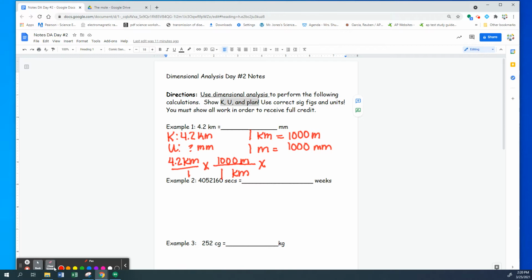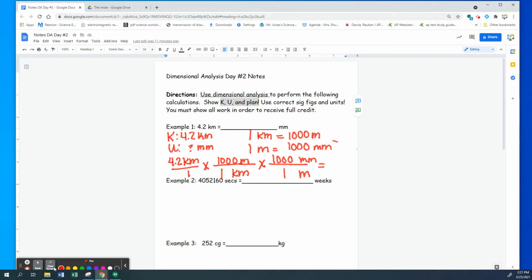Next, we need to go from meters to our millimeters. So meters is on top. We're going to put meters on bottom. The number that goes with meters is 1. On the top goes the other half of the conversion factor, so 1,000 millimeters.